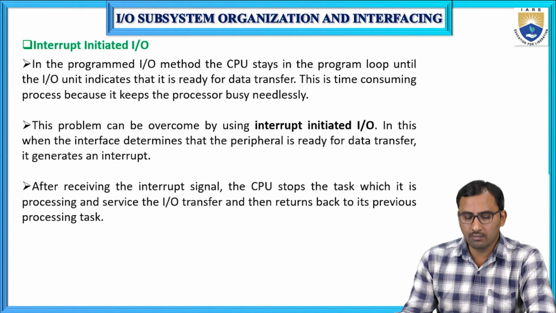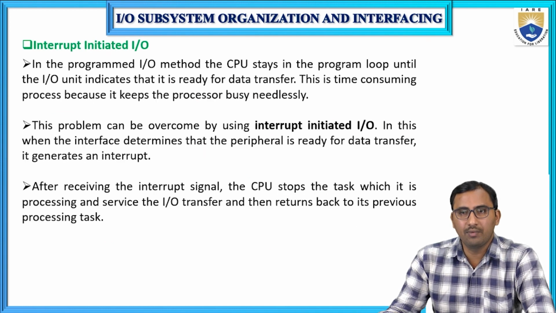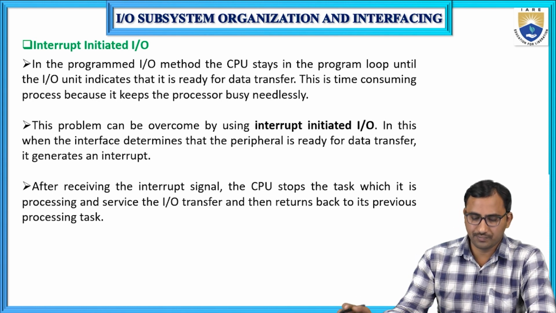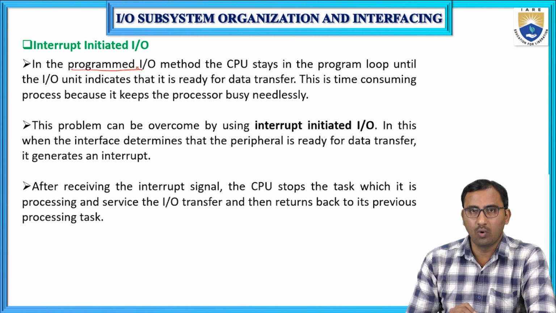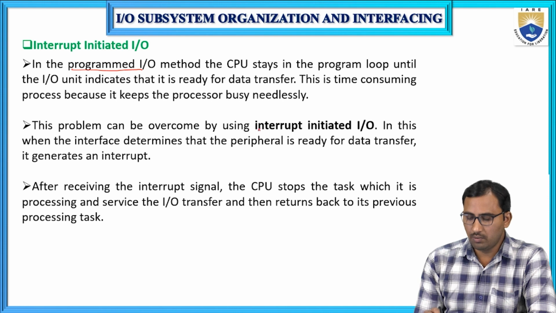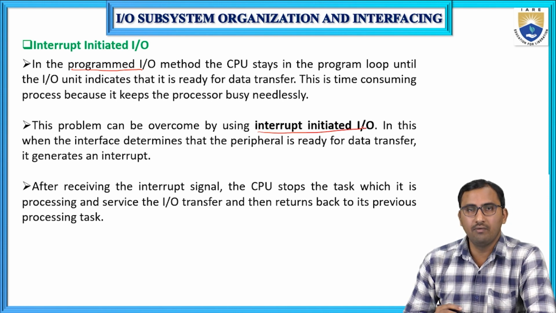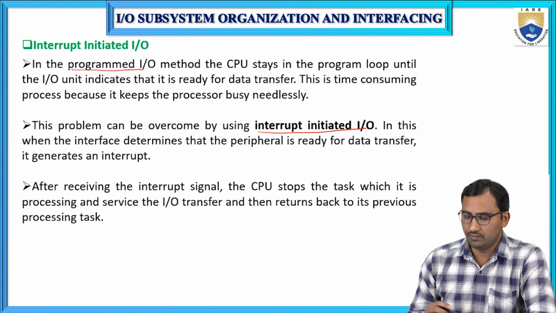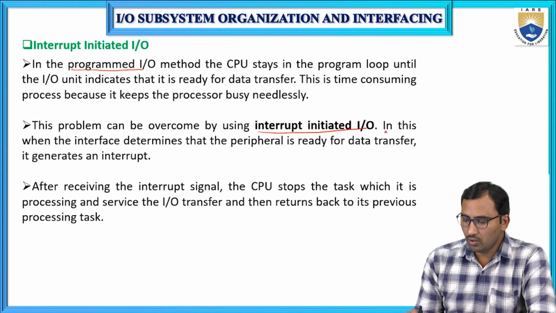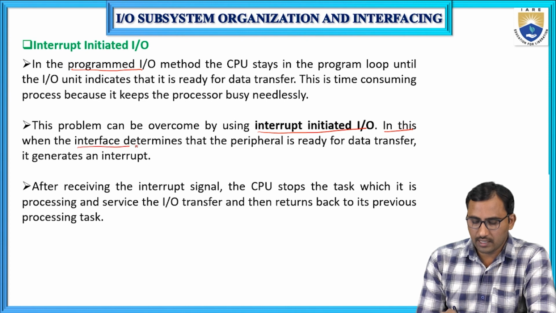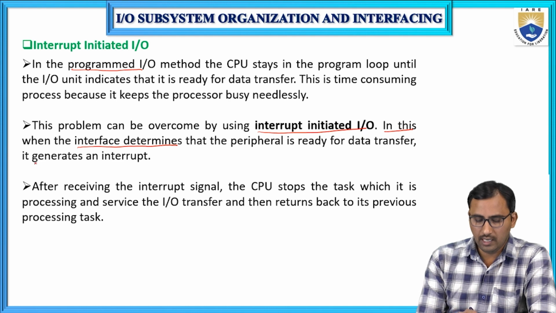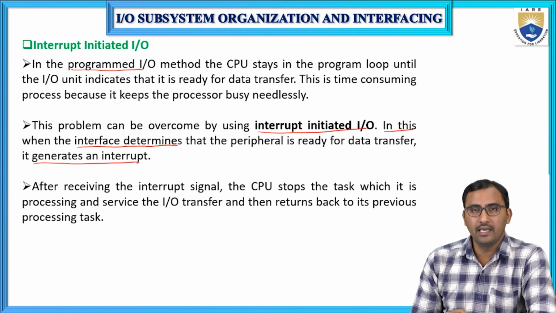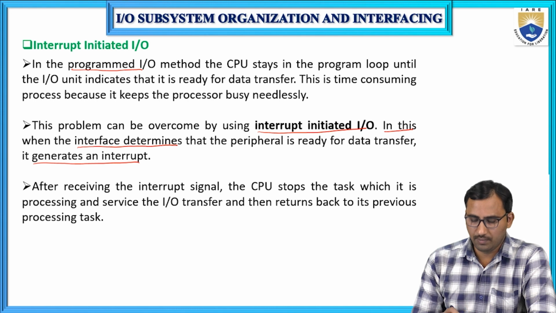In order to overcome the drawback, we are going for the second type of data transfer, that is interrupt initiated I/O data transfer. Already we have seen the drawback of the programmed I/O. This problem is overcome with interrupt initiated I/O. In this, when the interface determines that the peripheral is ready to transfer the data, the interface circuit generates an interrupt.